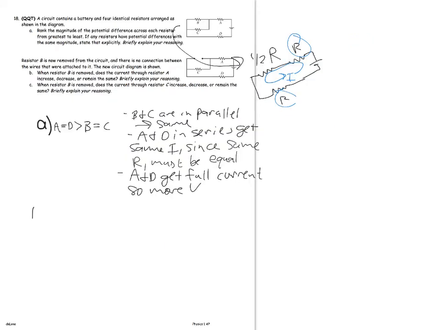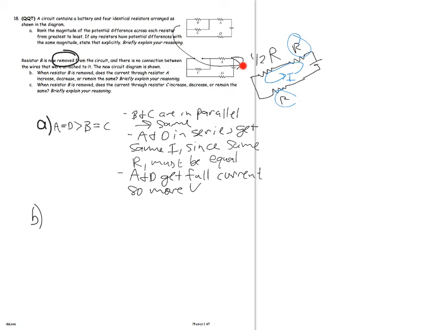Okay, moving on to part B here, we're going to remove resistor B from the circuit, and we want to think about whether or not the current through A increases, decreases, or remains the same. So you might be tempted to think, oh, well, there's now less resistance in our circuit. That means the current through A must increase. But actually what happens is having these two in parallel like this actually was less resistance.